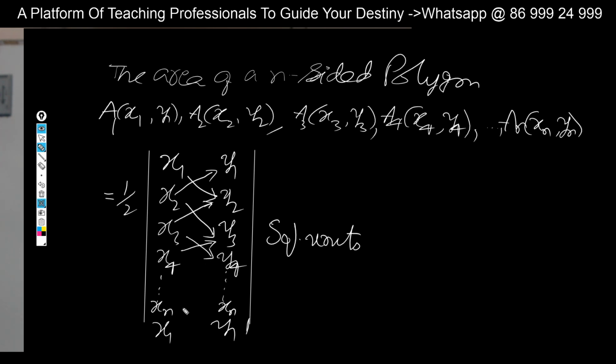Cross multiplication, please. Very simple. Cross multiplication. We can also call it matrix multiplication. This is the common formula to find out the area of any closed geometrical figure.